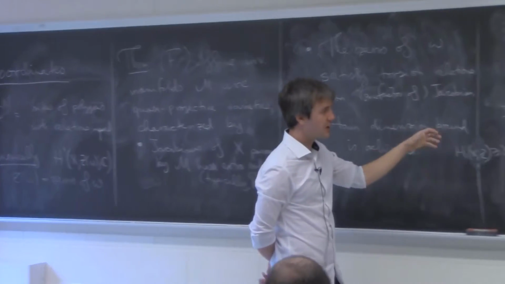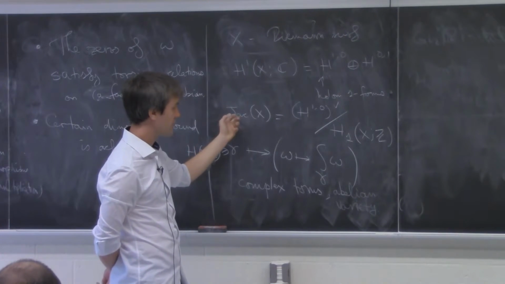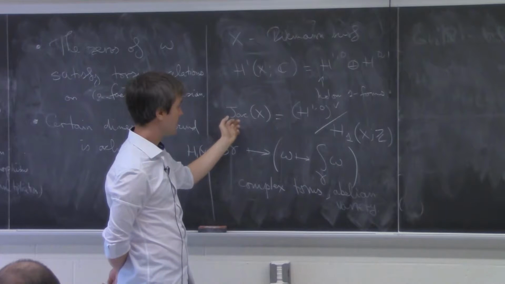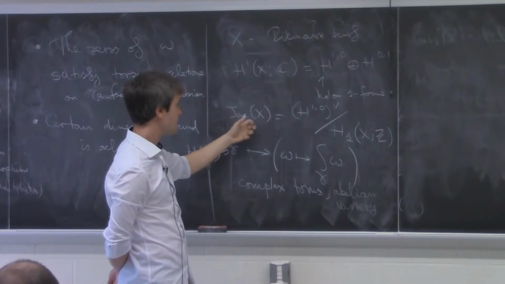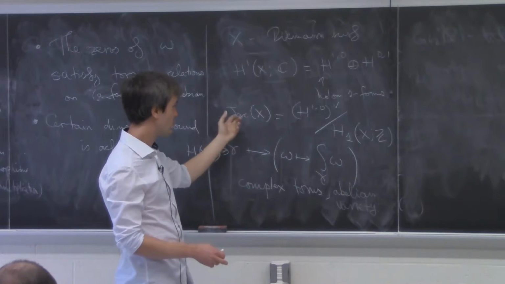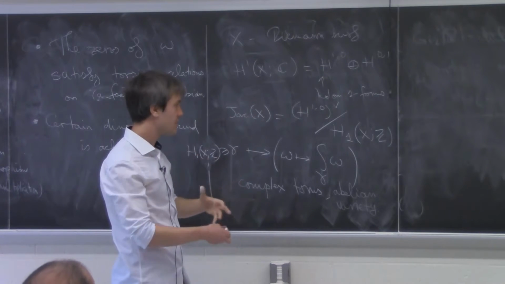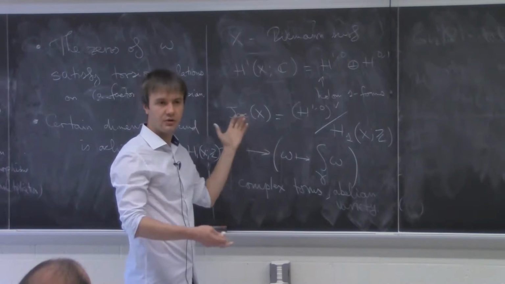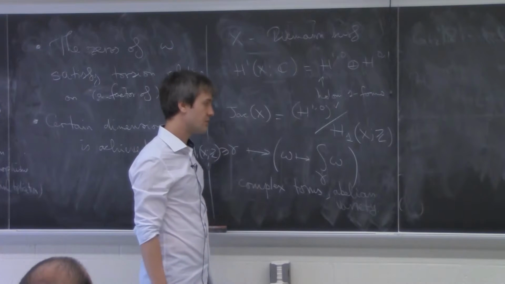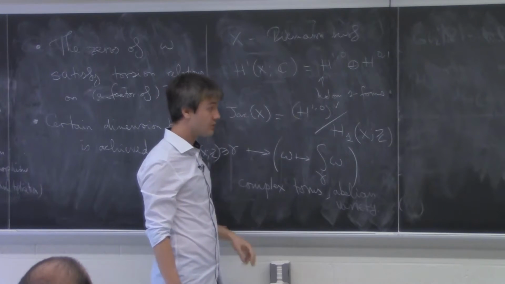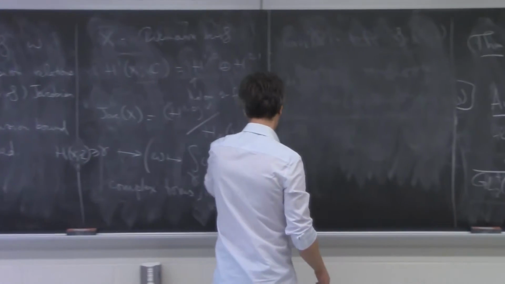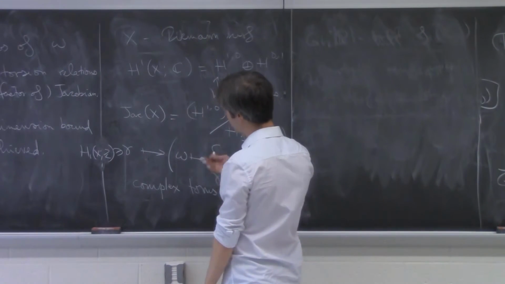But the Jacobian being a torus, it has a better chance of having some symmetries. And the ring of these symmetries, so if you have two endomorphisms of a torus, you can multiply them. So you get some ring. And so you get a whole bunch of symmetries on the torus that you cannot see on the Riemann surface. And the content of the theorem is that this occurs for these guys.